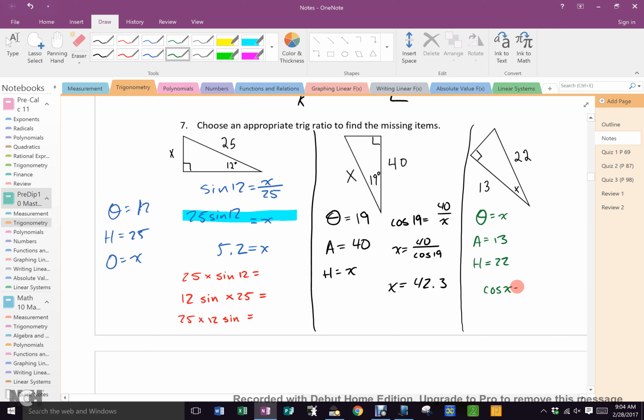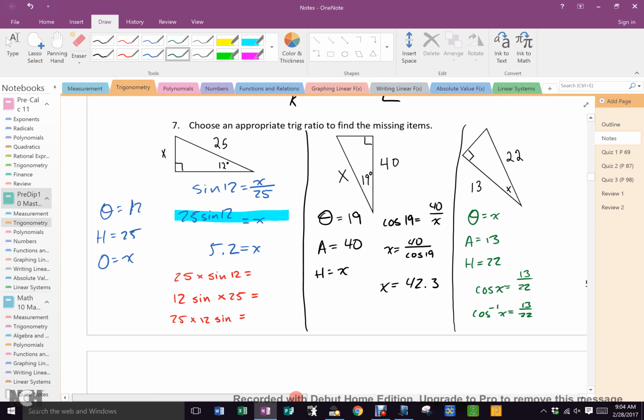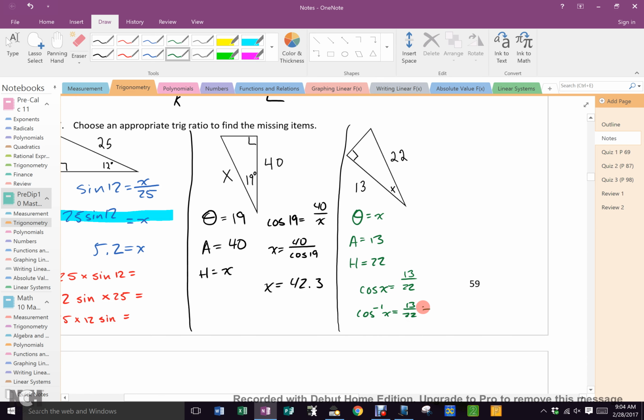Cos of x equals adjacent 13 over 22. Since I need an angle, what is it? It's going to be cos to the negative 1. Shift cos, right? So it's cos inverse of 13 over 22. And I find that on my calculator using shift cos. And what do I get? 54 degrees, because it's 53.7.